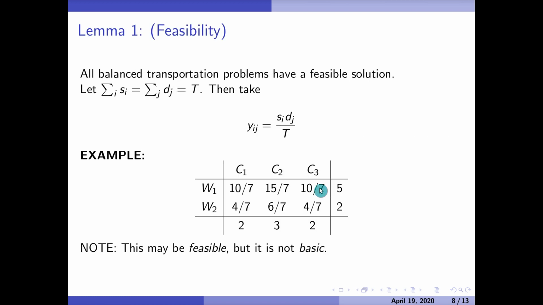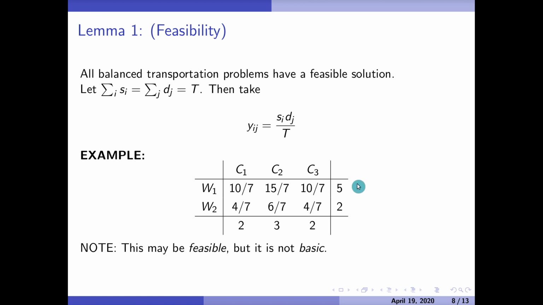Lemma 1, feasibility. If I have a balanced transportation problem, then I have a feasible solution, and that feasible solution is found by taking our decision variables to be S_i times D_j, the ith supply times the jth demand, divided by this common number T, the common number being the sum of the supplies or the sum of the demands, which should be the same thing.